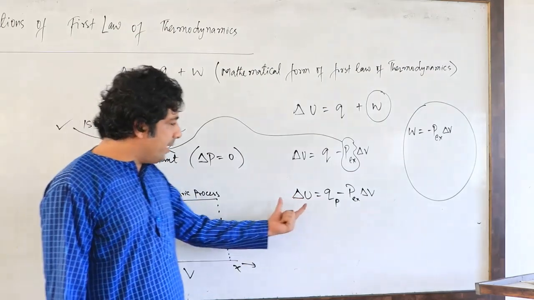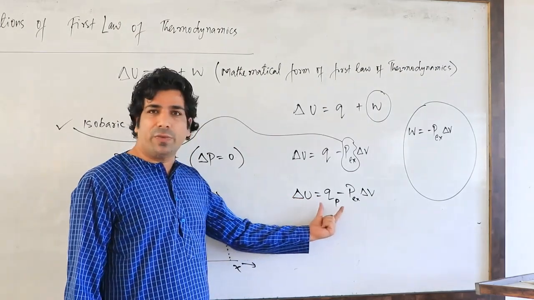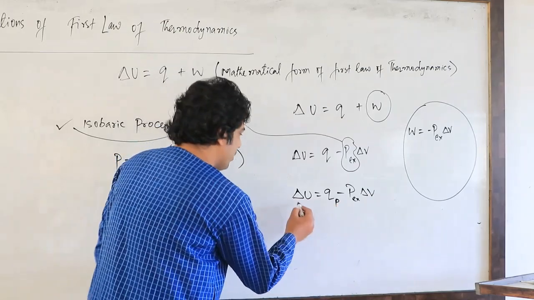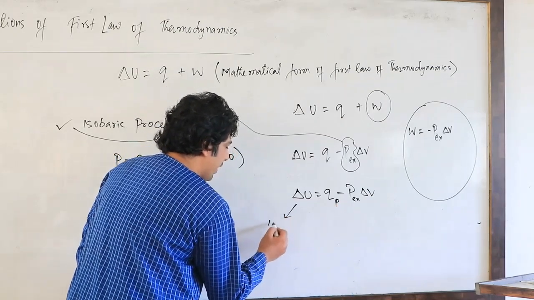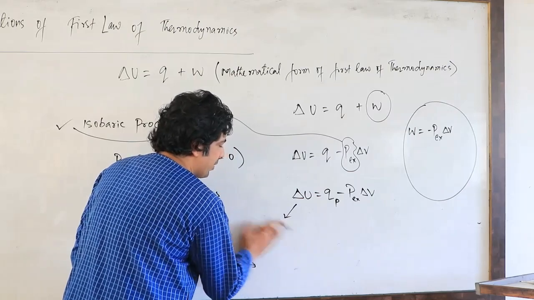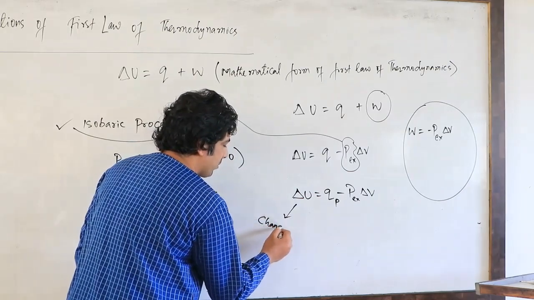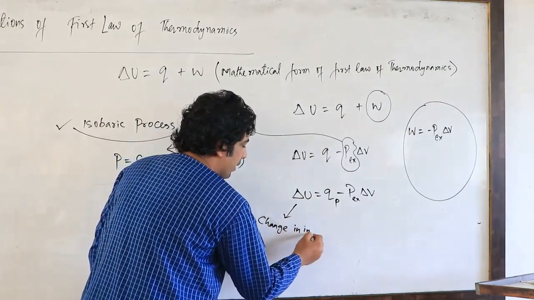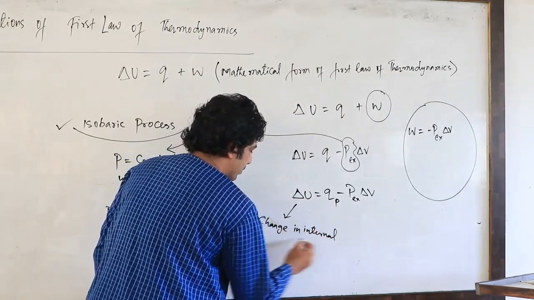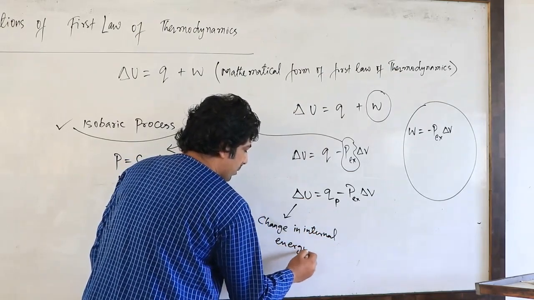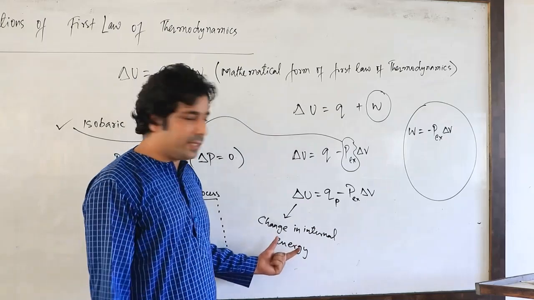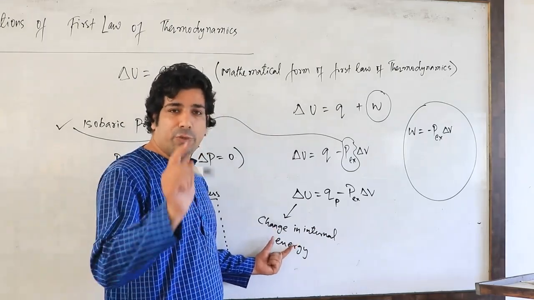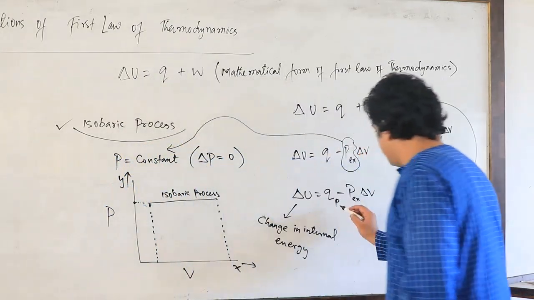So here the internal energy is changing by two factors. So here we have change in internal energy. So in isobaric process, internal energy is changing by two factors. What is that?